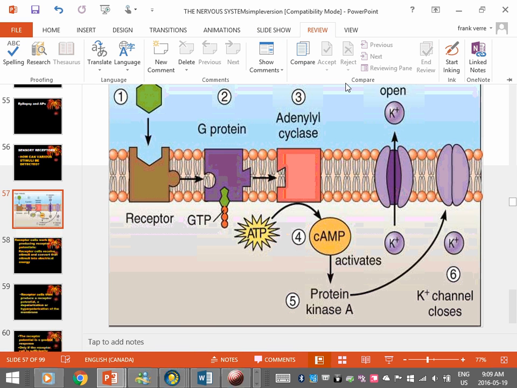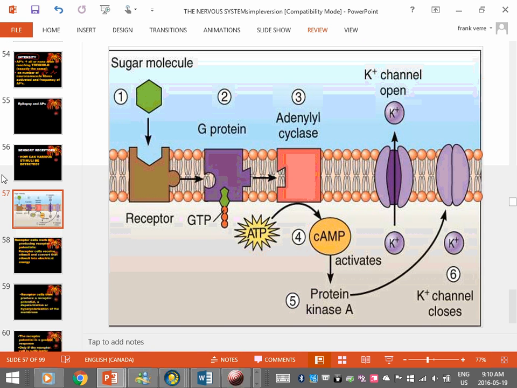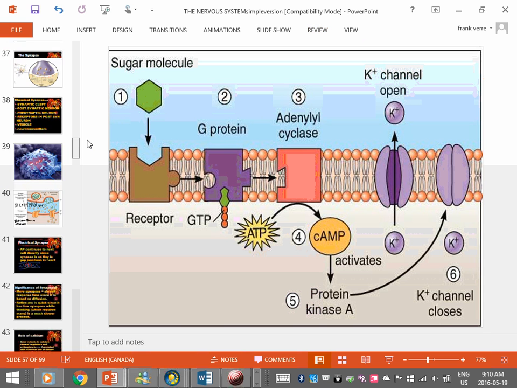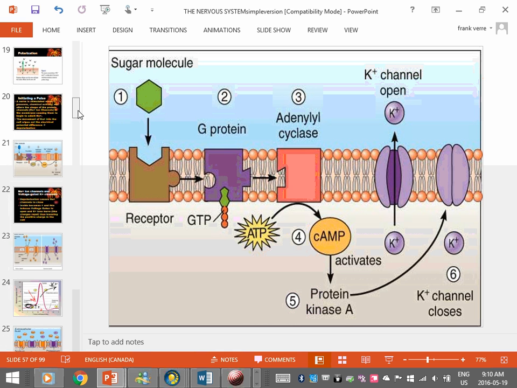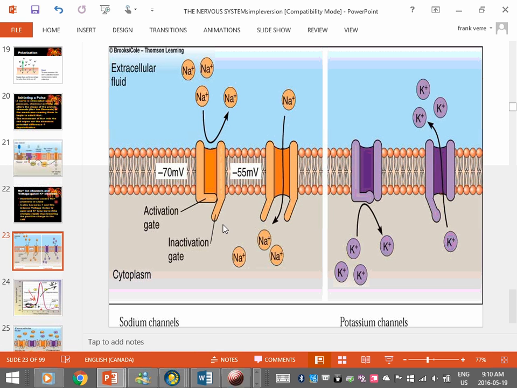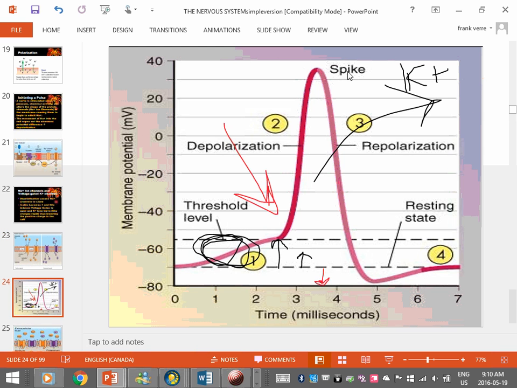Now, remember, there are two types of gates in neurons. There are the voltage gates. Actually, if we remember the picture of the neuron, we'll go back. Where is it here? There are gates that are controlled by the voltage. So for potassium, the voltage controlled gates will open when the voltage is positive.